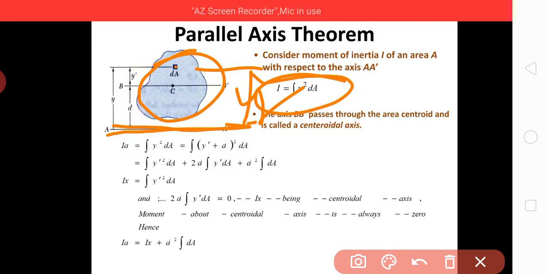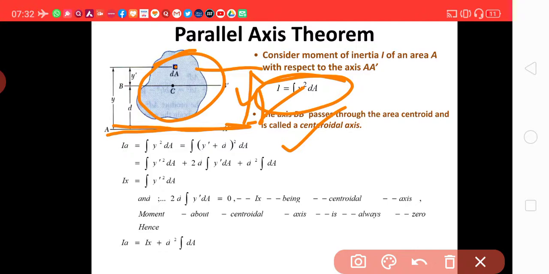Divide it: y dash plus d whole square dA. Then it becomes that, and opening this, it equals the integral of y dash square dA plus 2d integral of y dash dA plus d square into integral of dA.